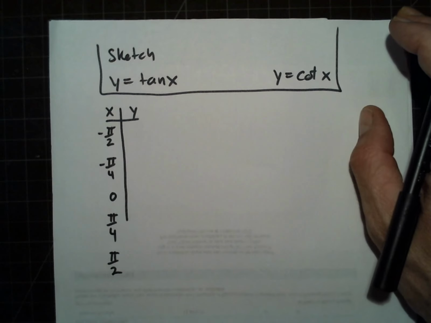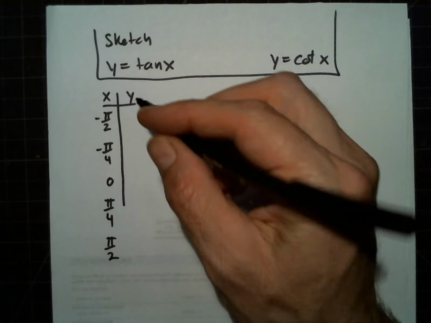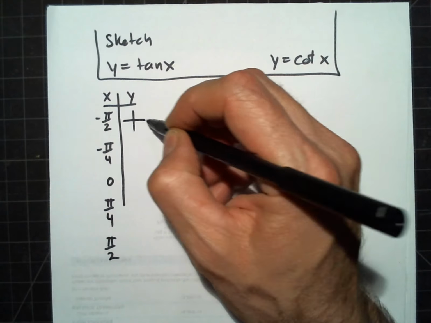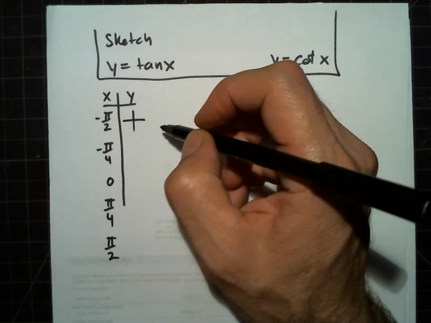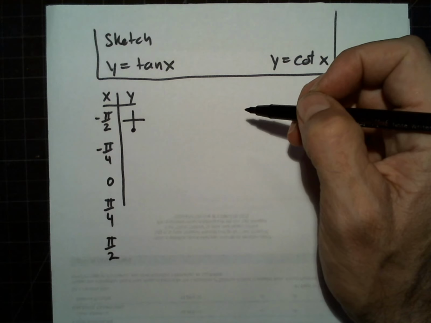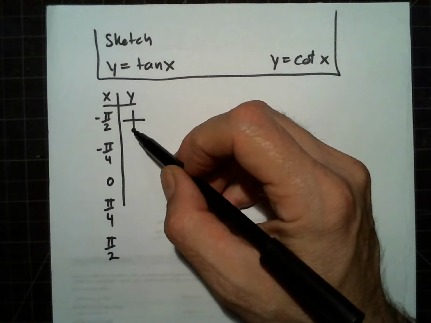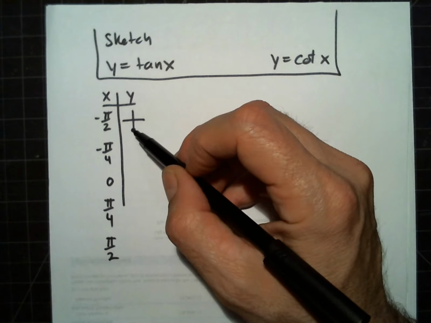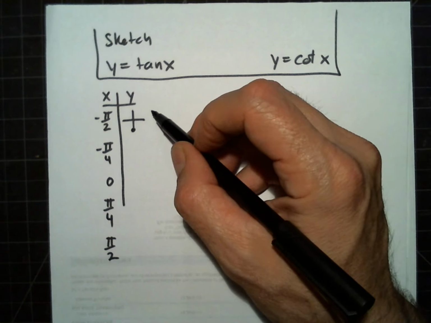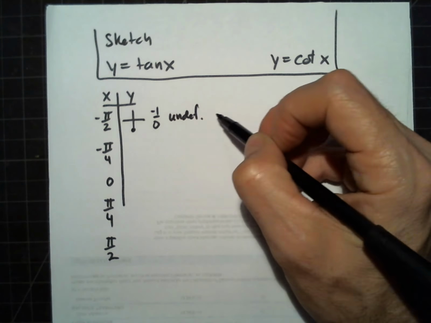And let's just use these x values, and we'll find tangent for each of these. So negative pi over 2 is here, and we know tangent is y over x. So the y value is negative 1, and the x is 0. So we have negative 1 over 0, and that is undefined.